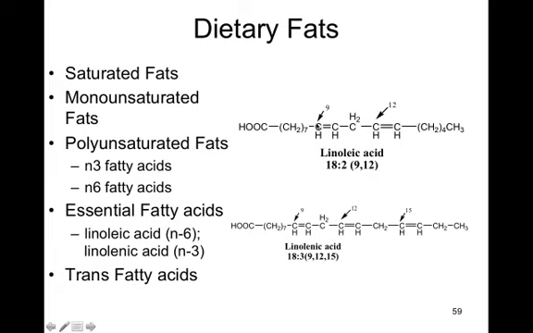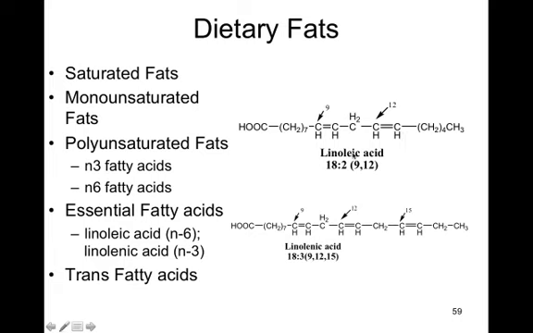So you have a double bond on the ninth carbon. You always start with the acid end because that is considered to be the first carbon. That makes the first double bond on the ninth carbon, the second double bond on the 12th carbon. That's what you have in the parentheses, 9, 12.